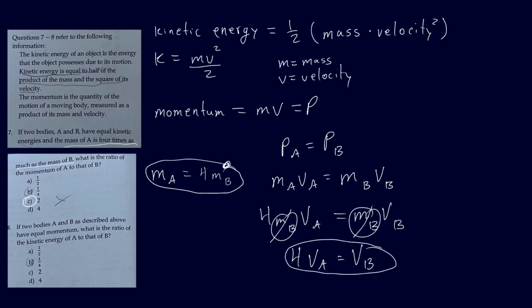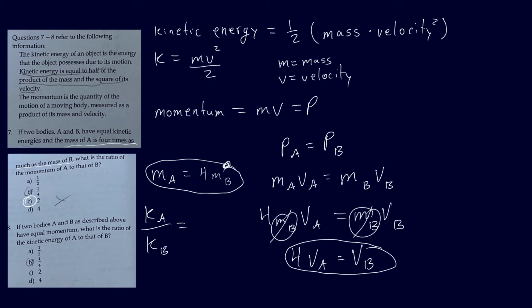Now that I've taken the assumptions and reduced them as much as possible into useful facts, I am going to see what the question is asking for. So it's asking, what is the ratio of the kinetic energy of A to that of B? So again, fraction, they're asking for kinetic energy of A to the kinetic energy of B.